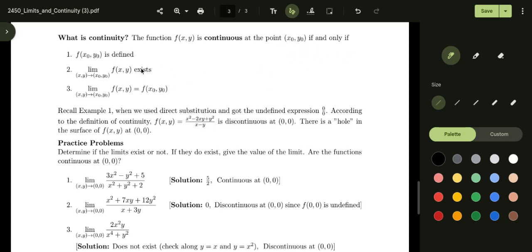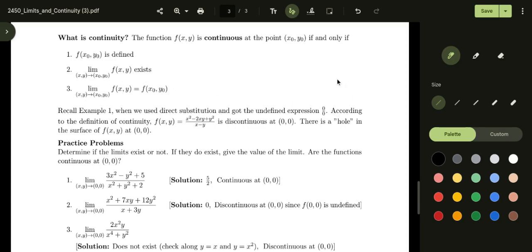That occurs if and only if, first off, f of x naught, y naught is defined; second off, the limit as x, y approaches x naught, y naught of f of x, y has to exist; and the limit as x, y approaches x naught, y naught of f of x, y has to in fact be the value of f of x naught, y naught. So again, this is very similar to the definition of continuity that you had for one variable functions. Now we just have an x and a y to consider.